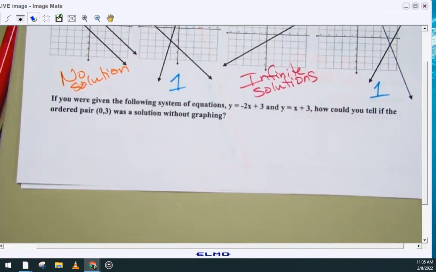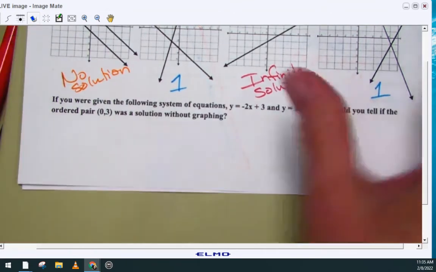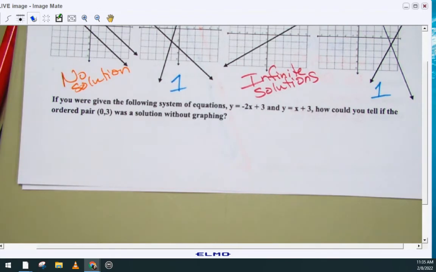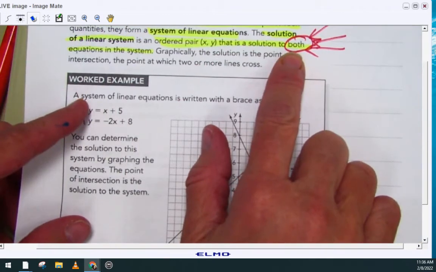Now to do this last part, remember we said when we were doing this that if it's a solution, then it has to be a solution for both of the equations. Somewhere around here I highlighted that. Right here. It has to be a solution to both of them.